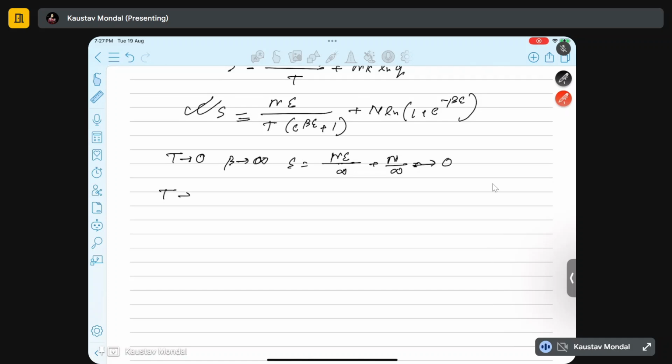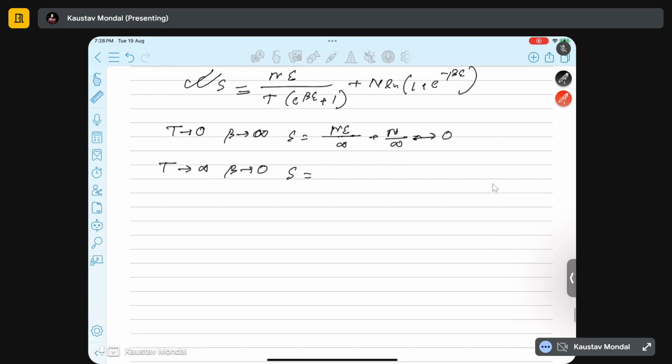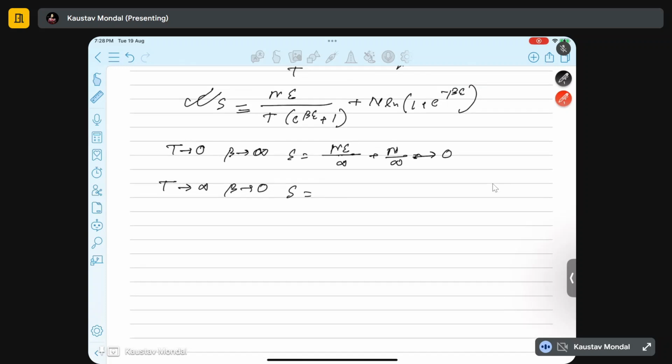If T tends to infinite, beta tends to 0, then the entropy would be, so in the first term beta tends to 0, so e to the power 0 is 1, and in the numerator it will become N epsilon. So N epsilon by T, so T is also there, right?